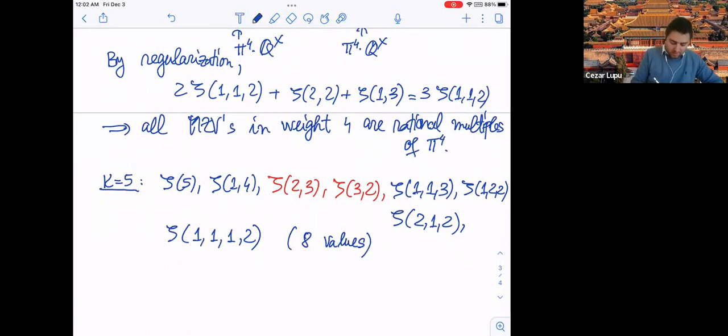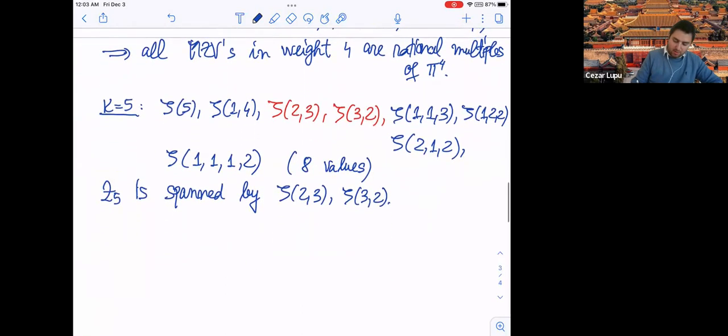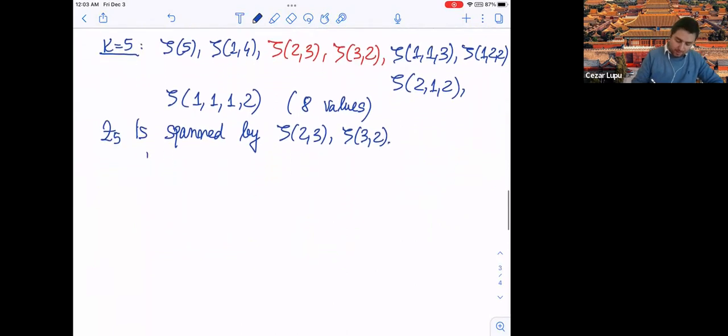In fact, I will say this thing: the Q vector space Z5 is spanned by these 2 values, zeta of 2, 3, and zeta of 3, 2. In other words, all the others can be expressed in terms of these 2. And let me just write a list of identities here.